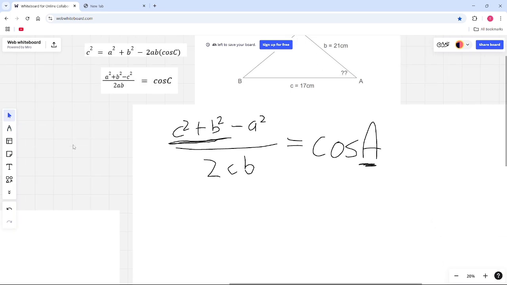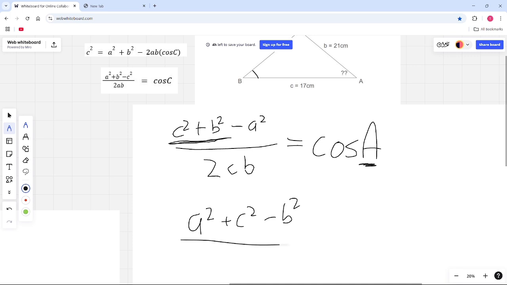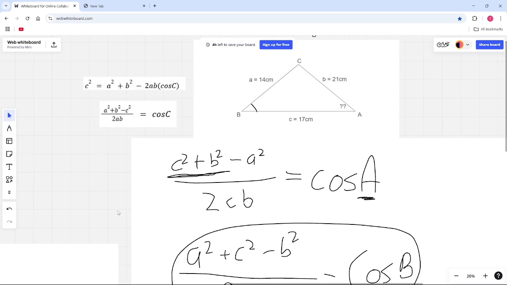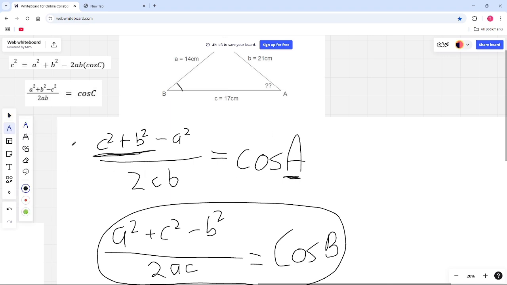So what I mean here is if, let's say, we're trying to solve for angle B, then our equation would be A squared plus C squared minus B squared divided by 2 times A times C is equal to cos angle B. We would have to use this equation instead if you're trying to solve for angle B. However, in this case, we're just trying to solve for angle A, so we will use this one.